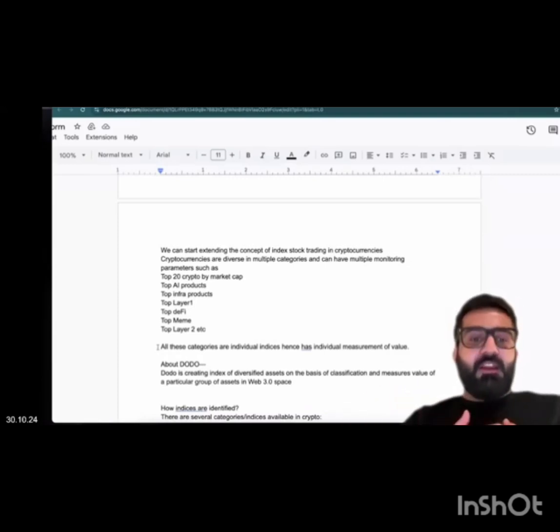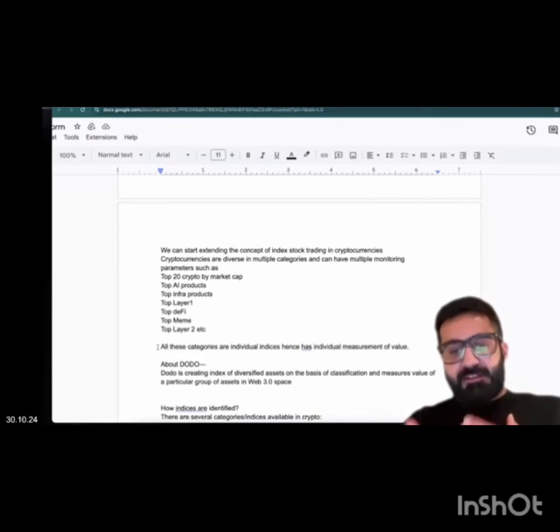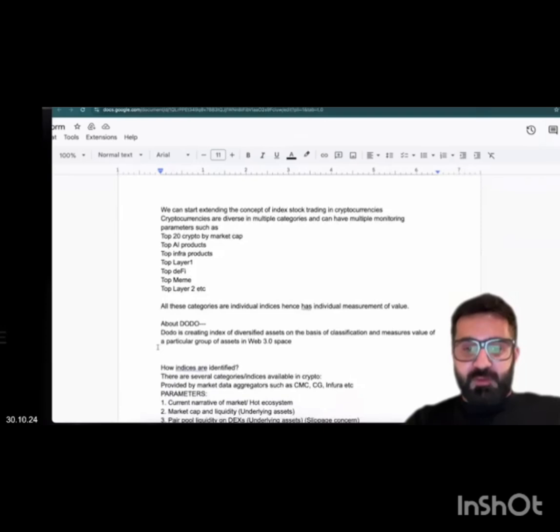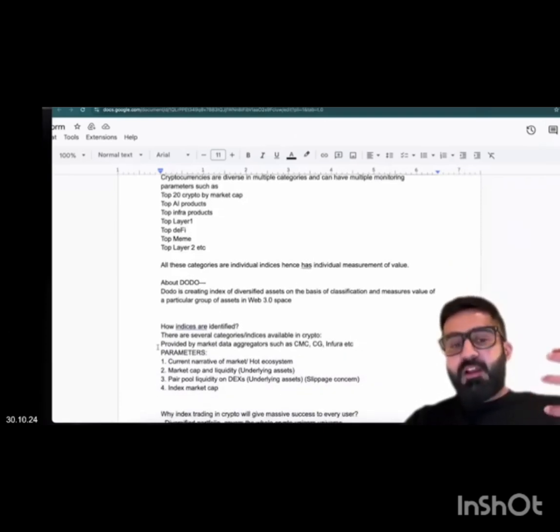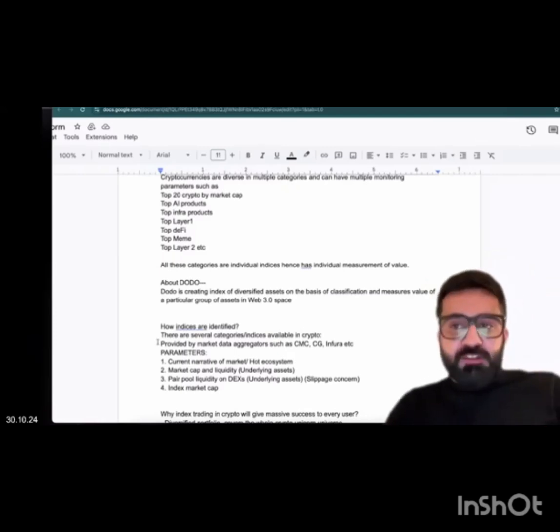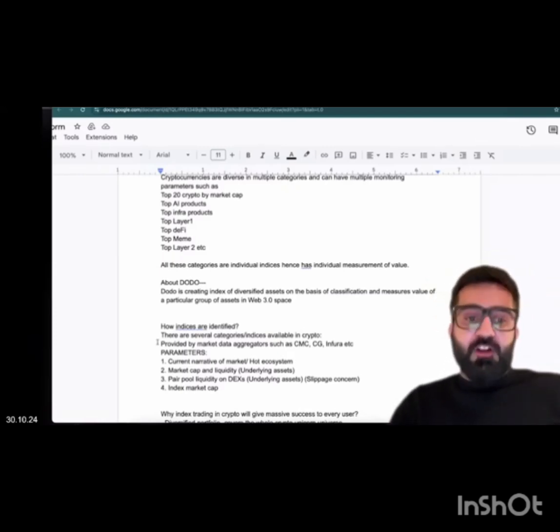How do we do that? In Dodo, we are creating indices of diversified assets on the basis of classification and measuring the value of a particular group of assets in the Web 3.0 space. So, how are these indices identified? There are several categories and indices available in crypto through which we can create or curate these indices in Dodo.